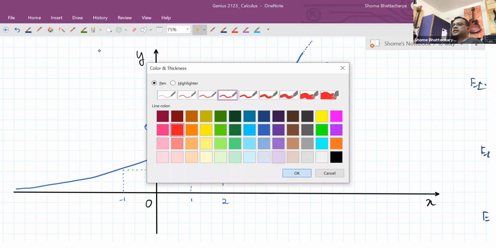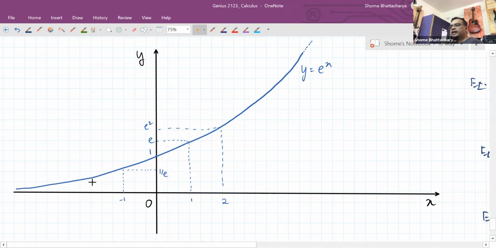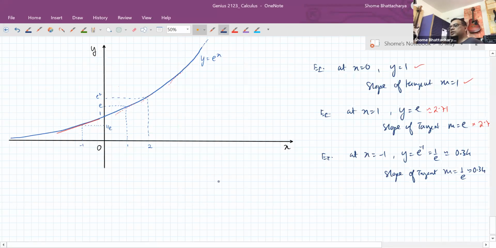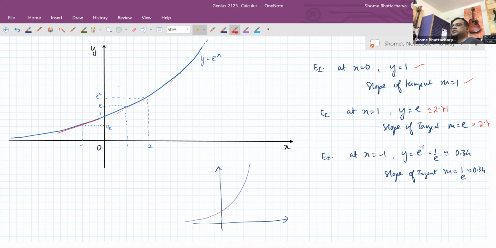it is also increasing as x goes from -infinity towards the right. If I draw the tangent here, it has a slope that's comparatively less compared to the tangent drawn at this point. The slope is more here, and at this point the slope is even more. If you zoom out of this graph, you see that as the graph rises rapidly like this, at every point along the positive x-axis, the slope of the tangent is increasing, as is the y-coordinate.